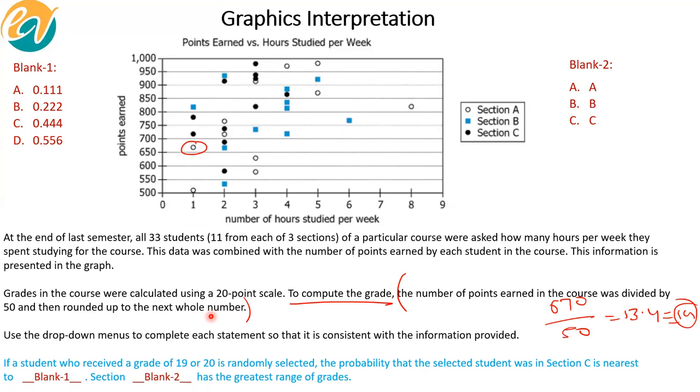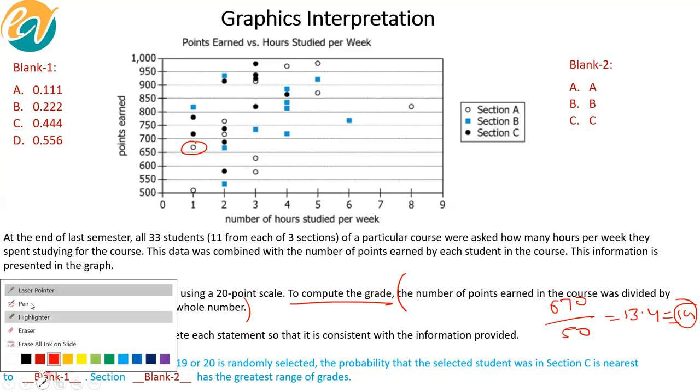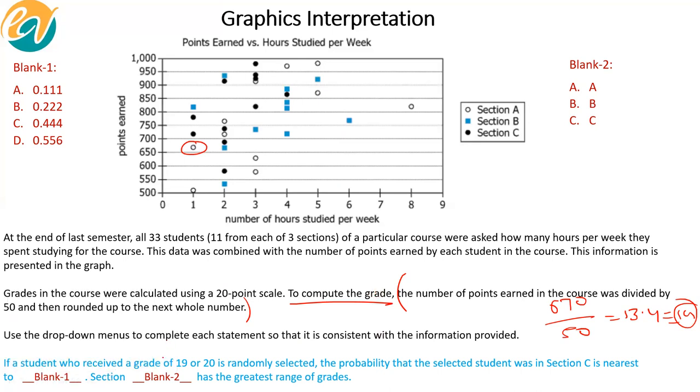Now 18 would correspond to how many points earned? Absolutely 900 points, because 18 into 50 is 900. Agreed? So a student will receive a grade of 19 or 20 if the student earns points greater than 900.